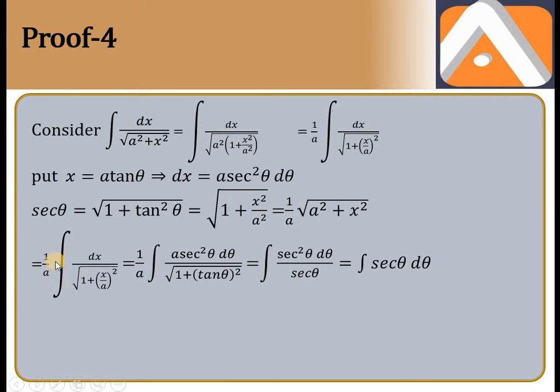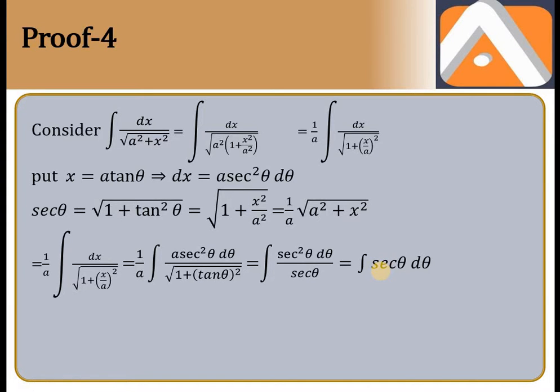Now see, 1 upon a into under root of 1 plus x square by a square, where x by a becomes tan theta. So 1 upon under root of 1 plus tan square theta into a sec square theta. Now the under root of 1 plus tan square theta will be sec theta. So one sec theta will get cancelled, and a also will get cancelled. So here you are going to get only secant theta.